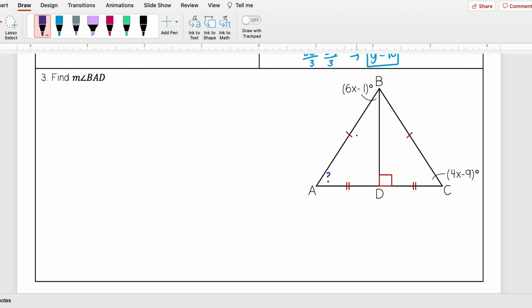First, I see that I do have a perpendicular bisector here, BD, because I see this right angle, and it's cutting my base in half. So that means that it's also the angle bisector of my vertex angle, so these two angles are congruent to each other. I know that this angle is also 6x minus 1 degrees.